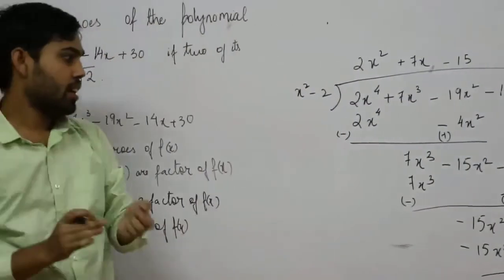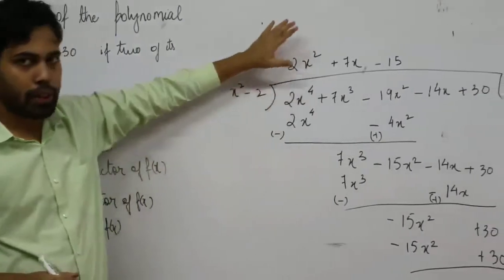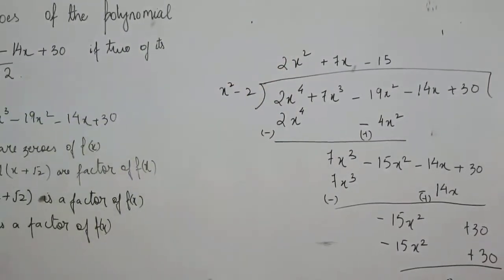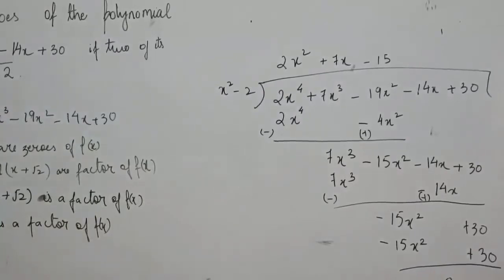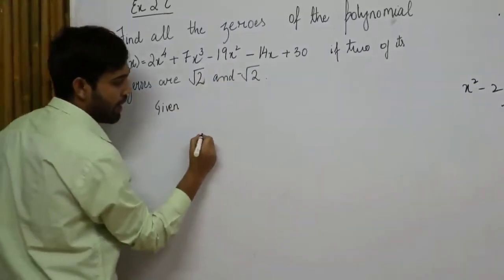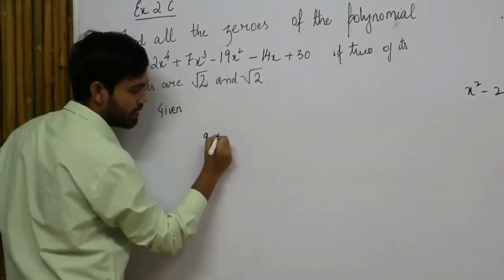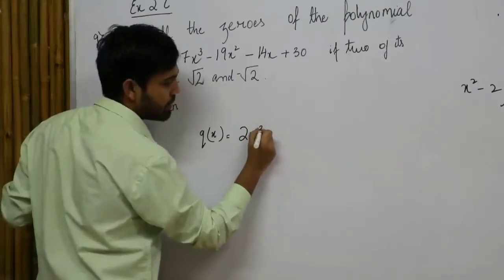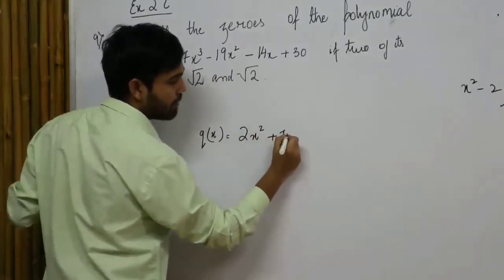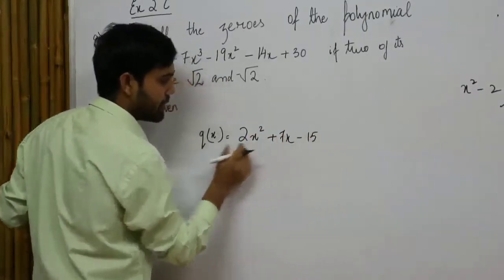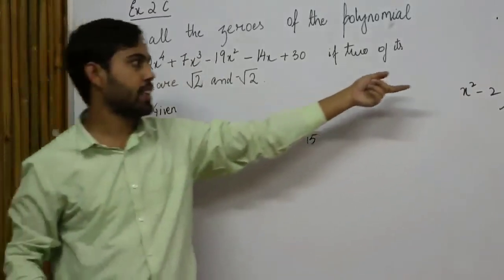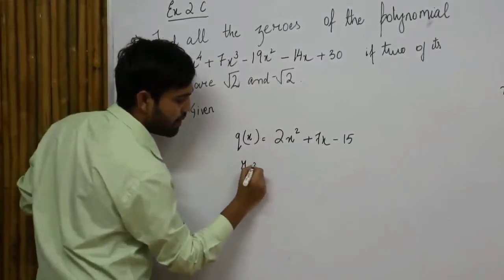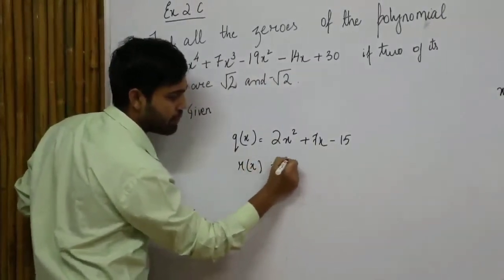So I get another polynomial, my q of x, equal to 2x squared plus 7x minus 15. What is q of x? It is the quotient, and the quotient that I got is this. And my remainder is the 0 polynomial, so this is equal to 0.